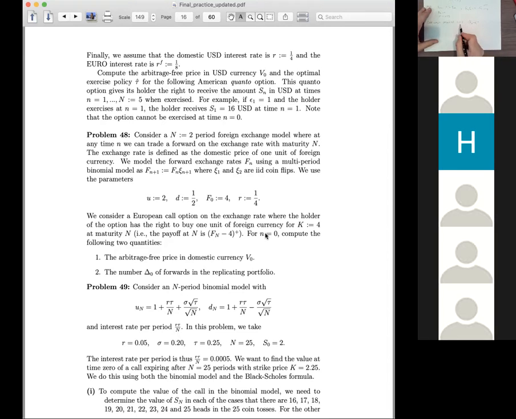So this is something that happens at time 2, and we need to price it: the price of the call option at time 0. We have an option that is written on this forward exchange rate, and we're being asked to price a call option on that exchange rate.